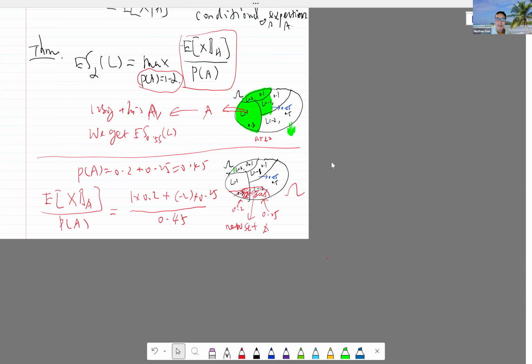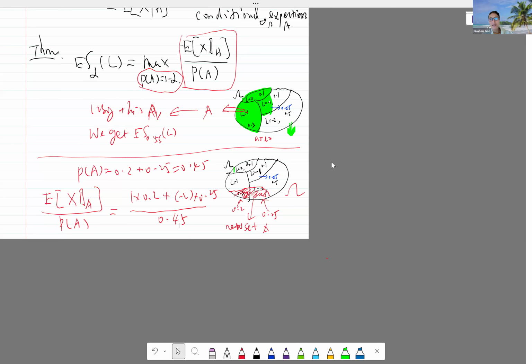But using the second A, you get a smaller value. The A you choose has probability 0.45, no problem. The probability of A is always 1 minus alpha. But on the first set A, I take the largest values. L equals 2, the largest value, is fully there. L equals 1 is fully there, probability 0.1 plus 0.3.